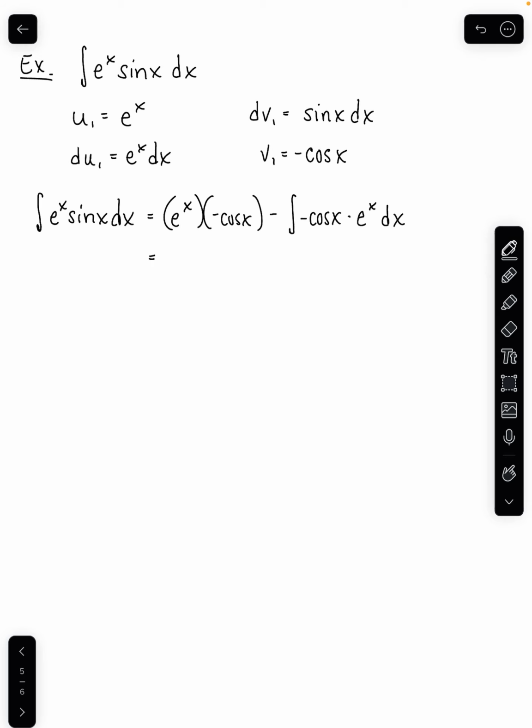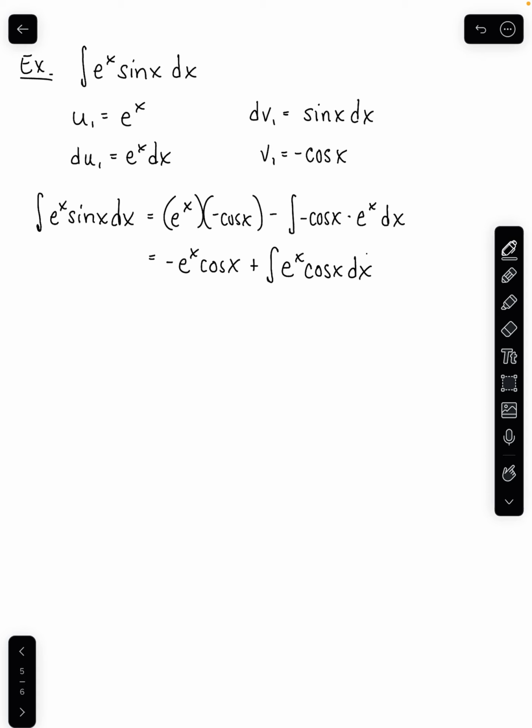And just to clean that up a little bit, we now have negative e to the x cosine of x minus, and then we have a negative sign inside the integral, so we can now bring that out front and turn this to plus the integral of e to the x cosine of x dx. Like the previous example, this new integral is not any easier than what we started with.